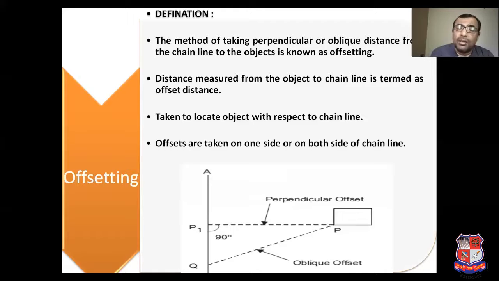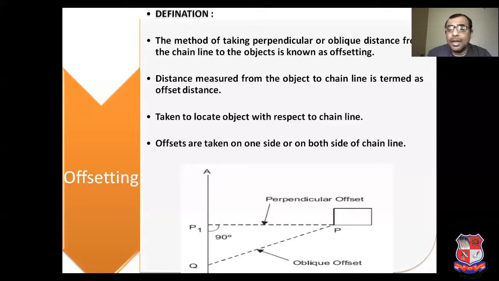So when you are measuring the distance between the chain line and the object, it may be a perpendicular measurement or it may be an oblique measurement. That is known as the offsetting process. Here in the figure, measurement of the distance P1P is offsetting, and measurement of the distance Q2P is also known as offsetting.